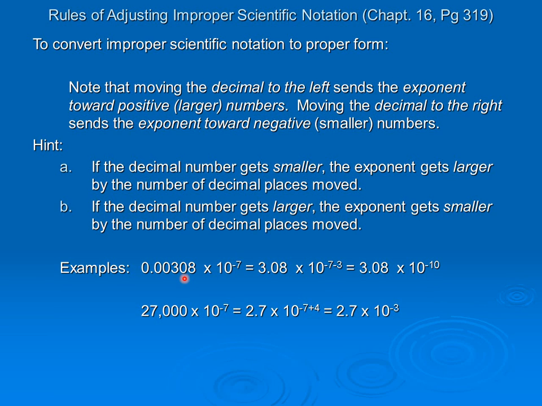Is the number getting increased or decreased itself? Don't look at the exponent part, because the number is right now 0.00308, and if you move it 3 positions right, it will become 3.08, which is getting larger, right? That means your exponent is going to be smaller. How many positions? 3, since you moved the decimal point 3 positions to the right.